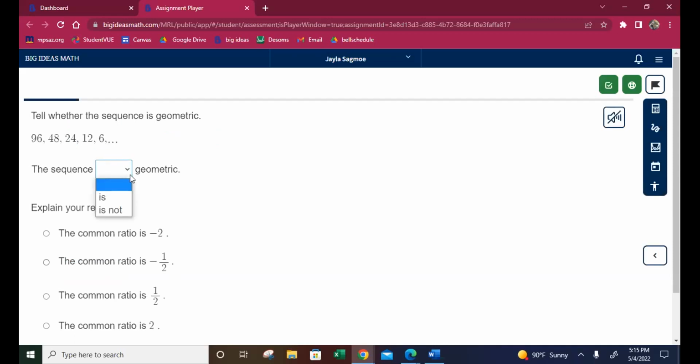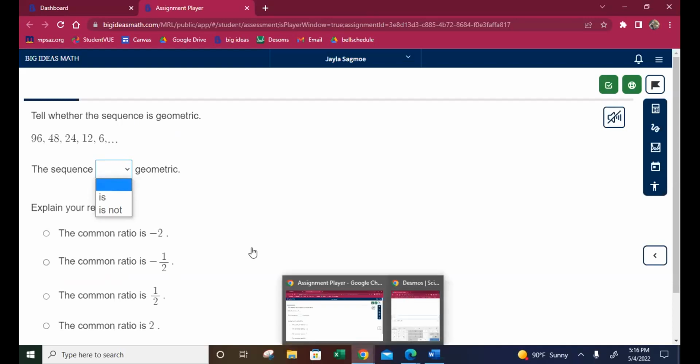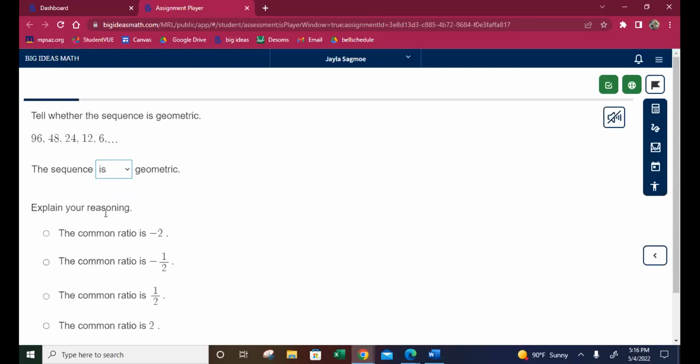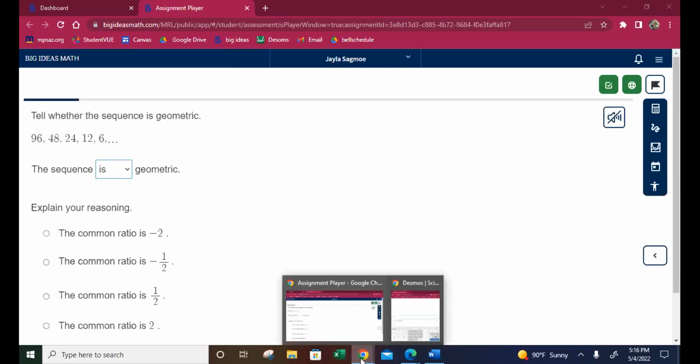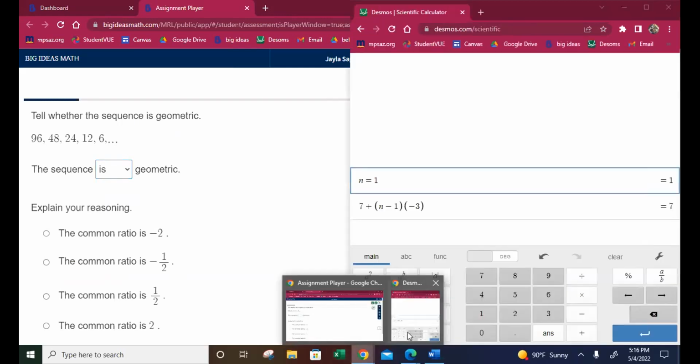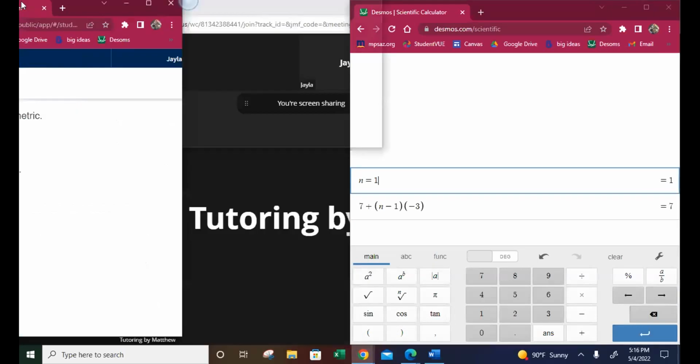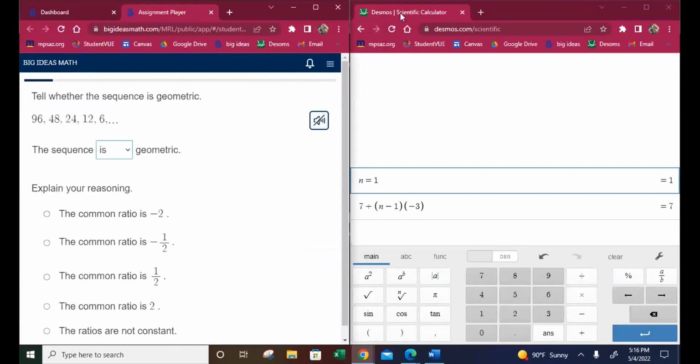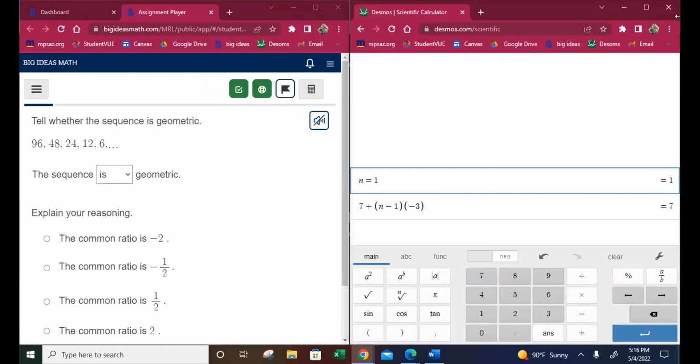Okay. And this is just multiplying and dividing. This one you can visually see you're dividing by 2. So this is geometric. And you may want to get that Desmos scientific calculator up at some point, maybe not for this problem. So again, you take the right number, 48, and you divide it by 96.